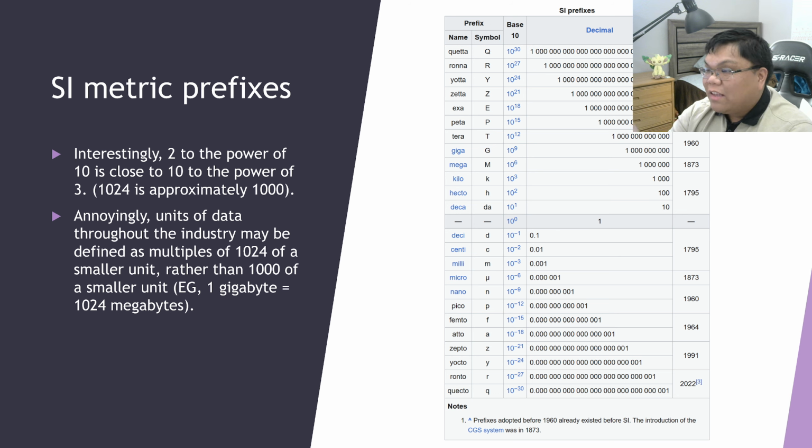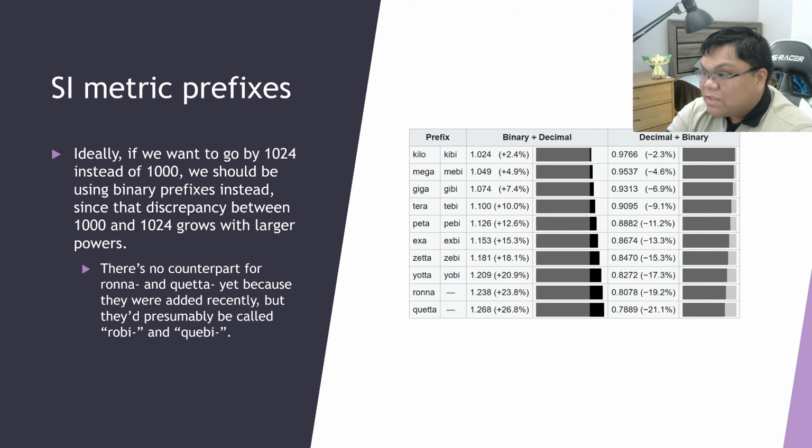That's technically incorrect. And that's because one system is going by powers of 2 to the 10, and another one is going by powers of 10 to the 3. So it means there's a discrepancy between one system and another.